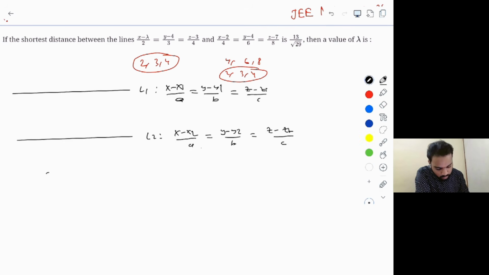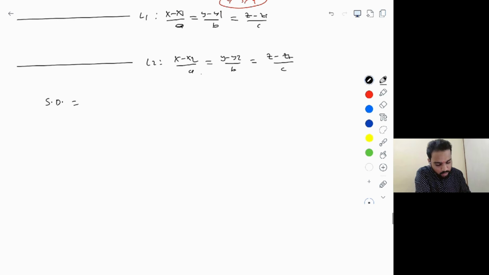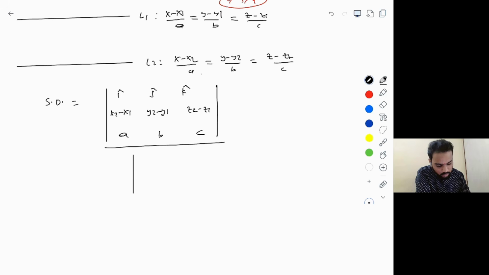Now, the direct formula, that is the shortest distance between these two, is going to be the determinant of i cap, j cap, k cap, x2 minus x1, y2 minus y1, z2 minus z1, and a, b, c, whole divided by, in the denominator, directly the square root of a square plus b square plus c square.